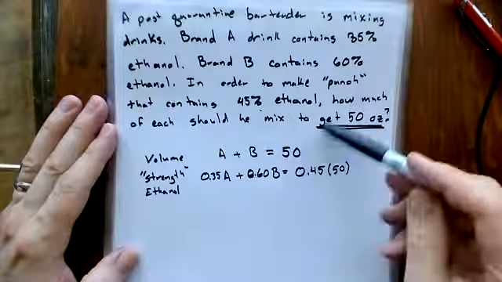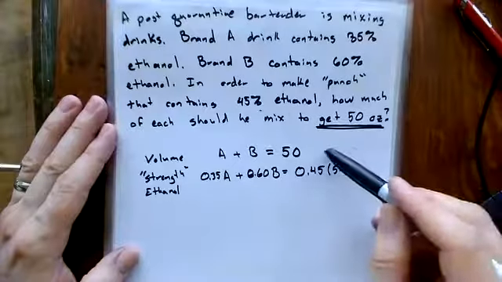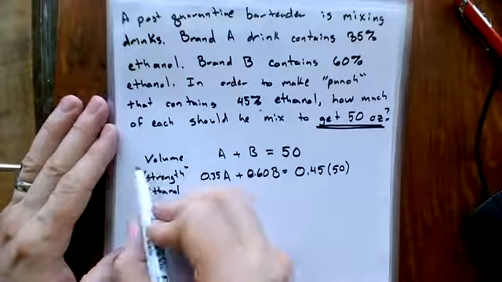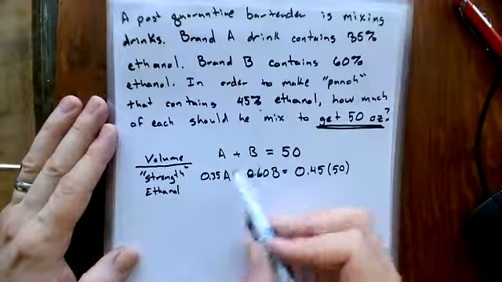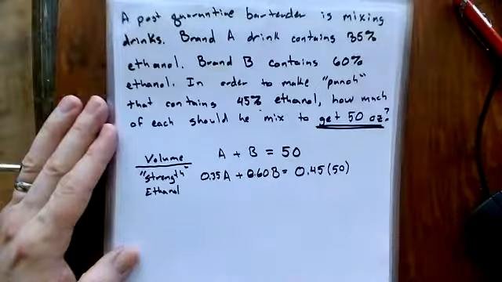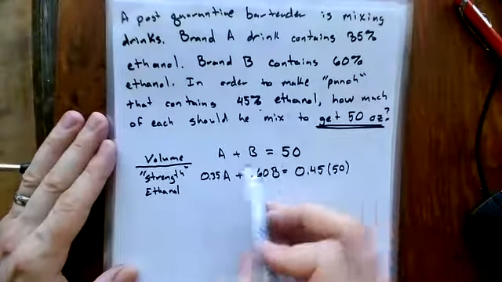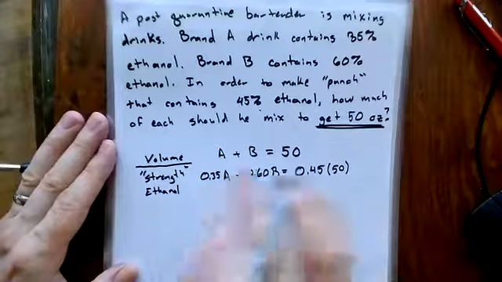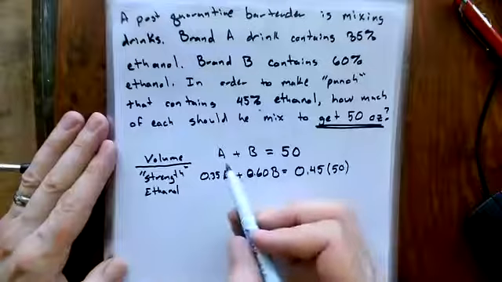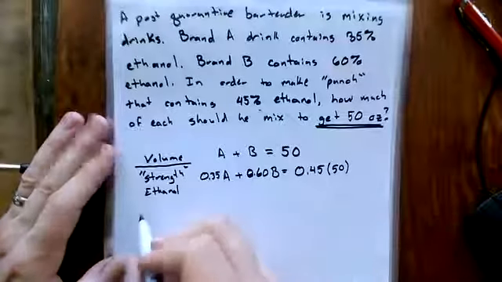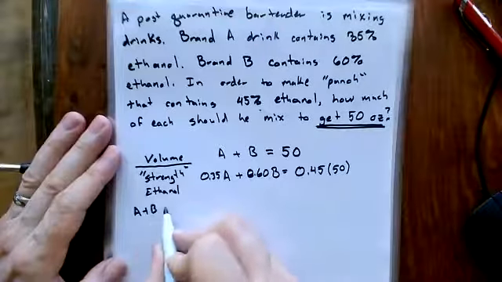And once again, this is a great setup for substitution. I could solve it for either A or B. It doesn't matter which one. Before I solved for A, this time I'm going to solve for B. So I've got A plus B equals 50.